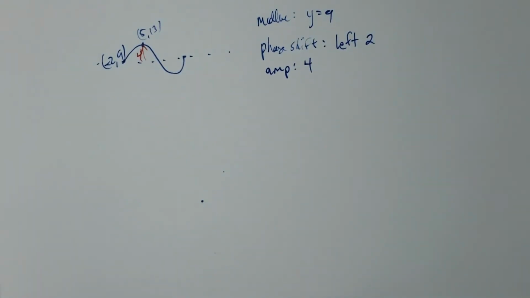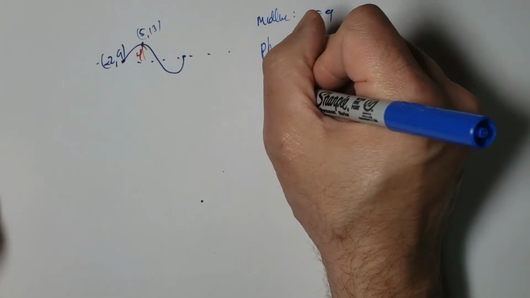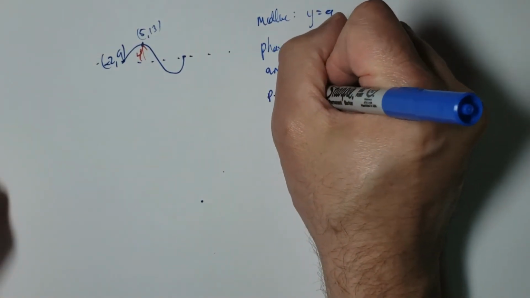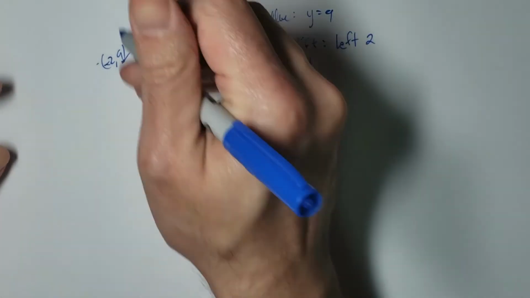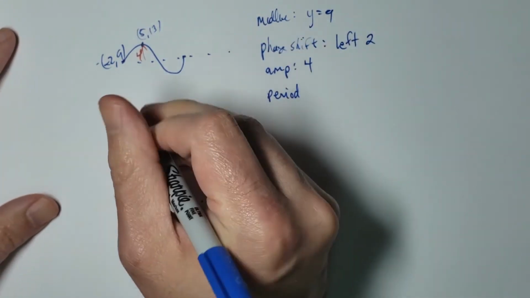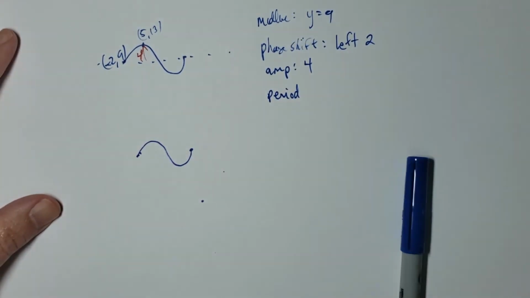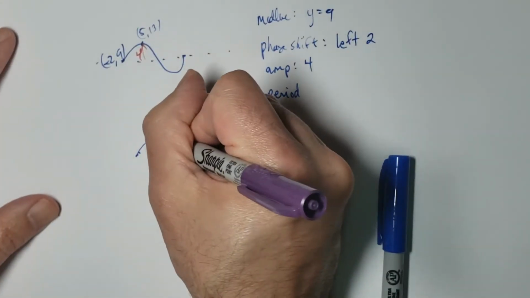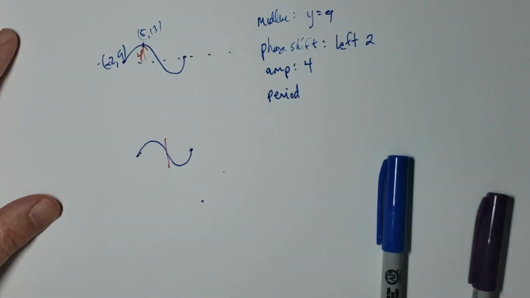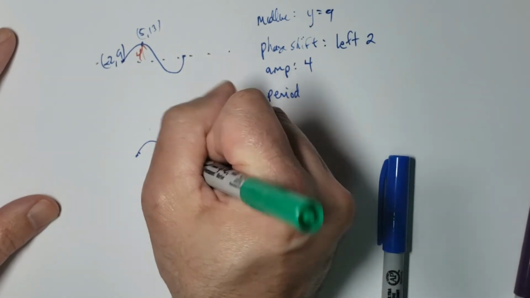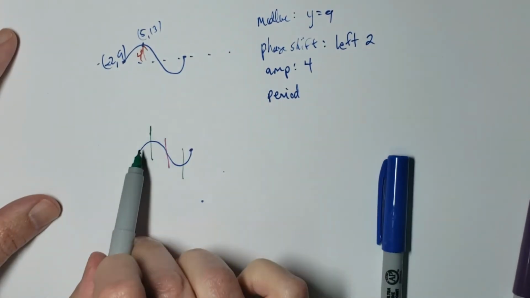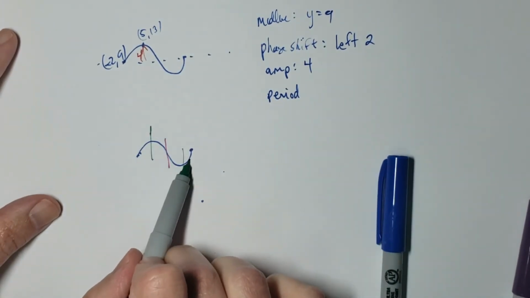It's a positive sine. The only thing we're missing here is the period. How are we going to find that? Well, the hint here is that whenever you have a trig function and you draw one cycle, you can break this up into 4 equal parts. You can break it up at its middle, and then again at its max and its min. And those 4 parts form the one cycle.